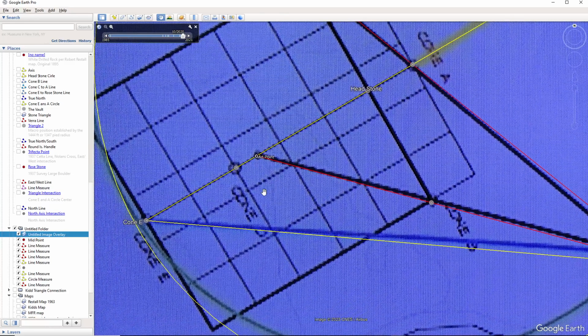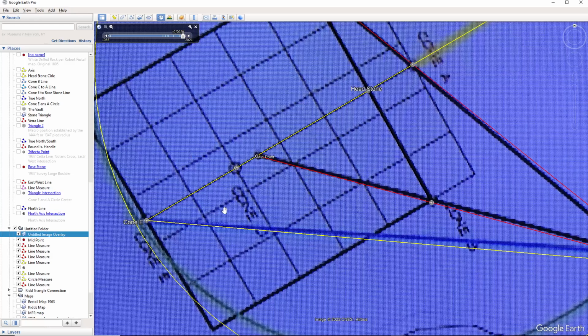Now this is interesting because the distance from the headstone to cone E is 722 feet, according to Fred Nolan, and 5 times 145 is 725 feet. So it's not that big of a difference. It's about 3 feet.